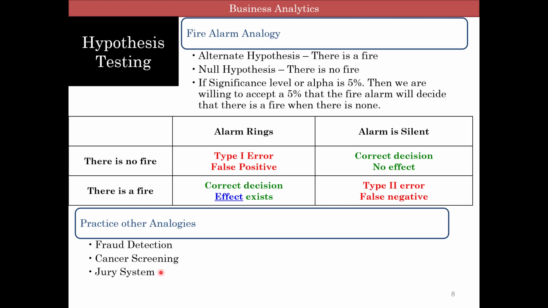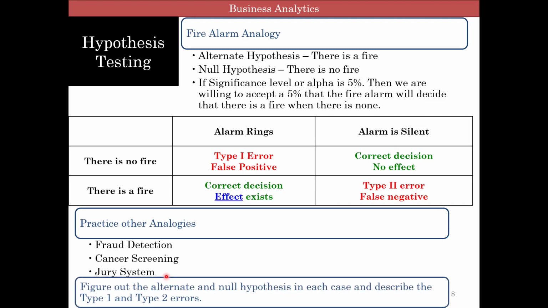Jury duty: what is your hypothesis? What is your null hypothesis? You could practice this with other day-to-day phenomena, as there is always a type 1 and type 2 error. So practice writing them down in English so that you get into the habit of thinking in terms of type 1 and type 2 error, hypothesis and null hypothesis.